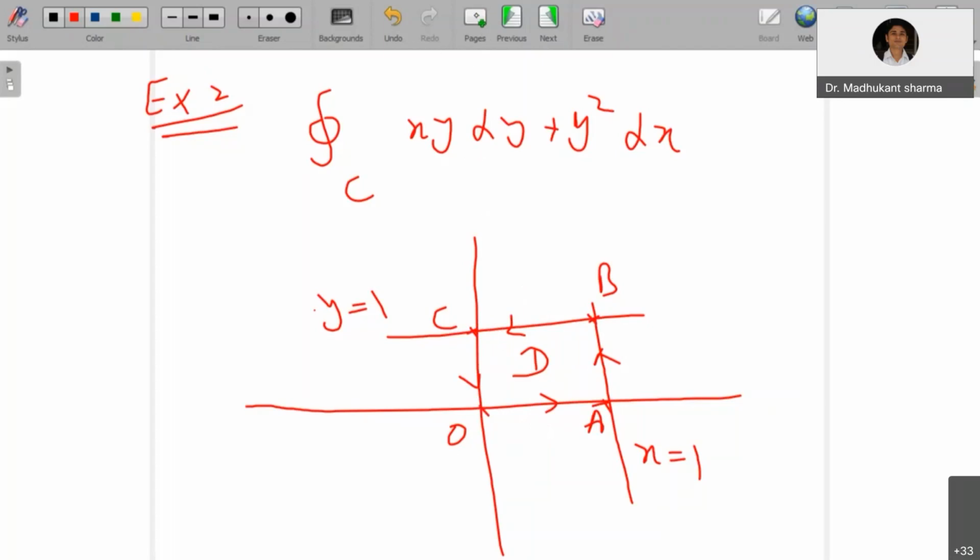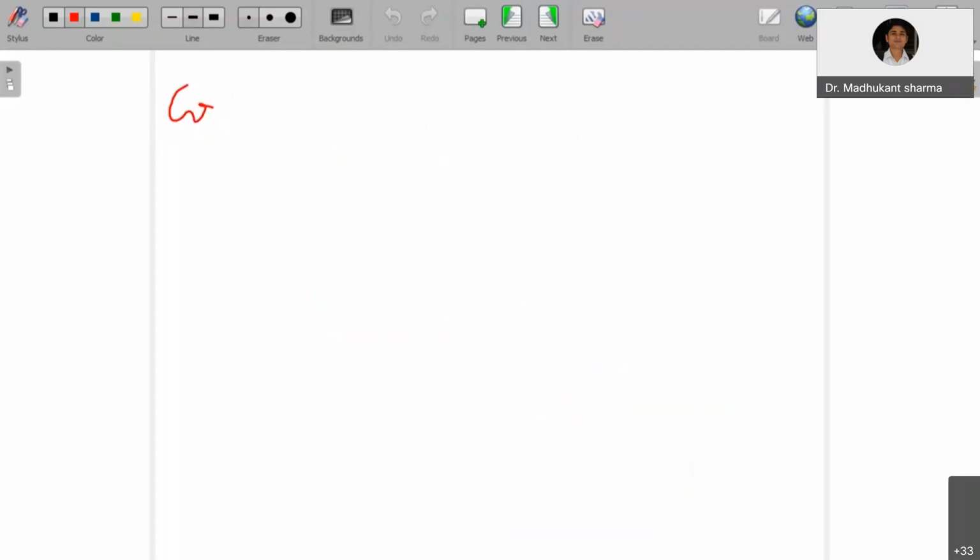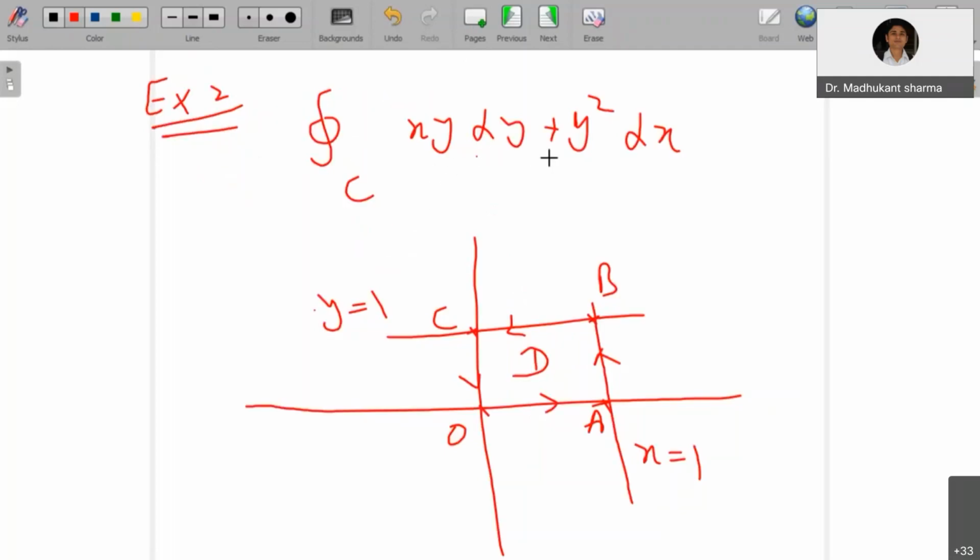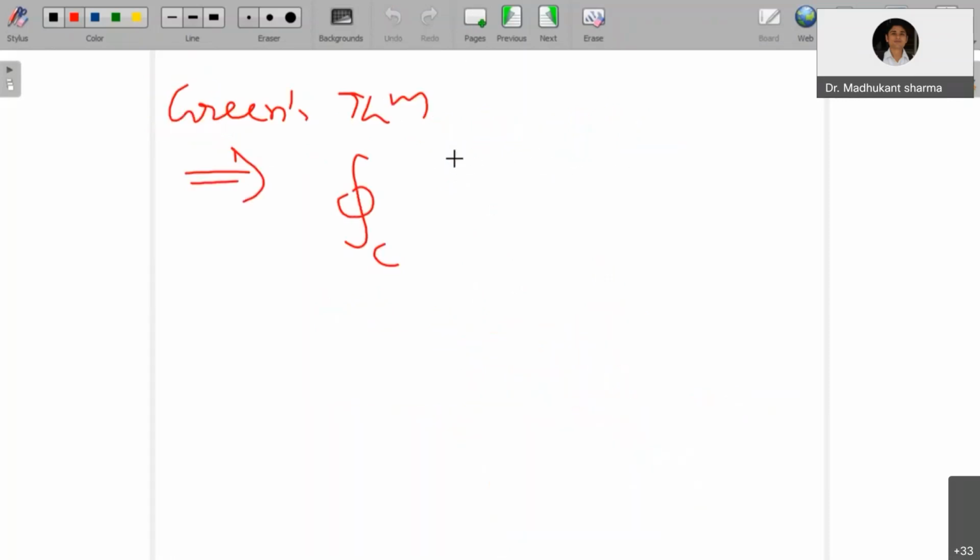Now, Green's theorem implies the integral over C. It is written with dy first and dx second, but I will write dx first and then dy.